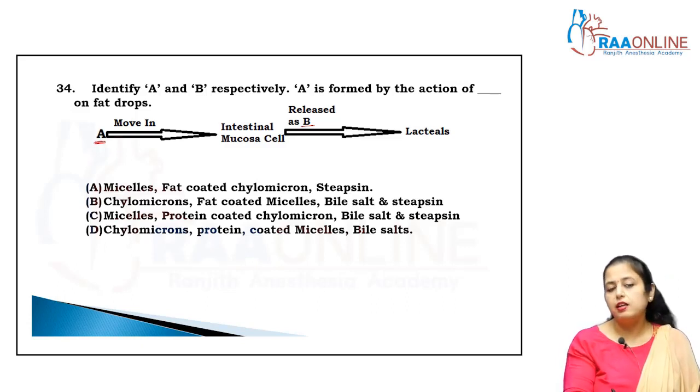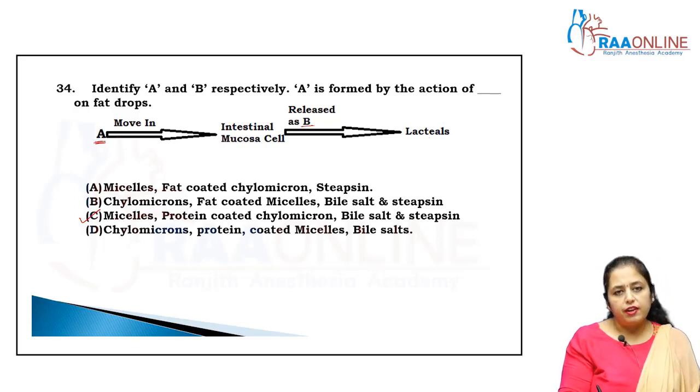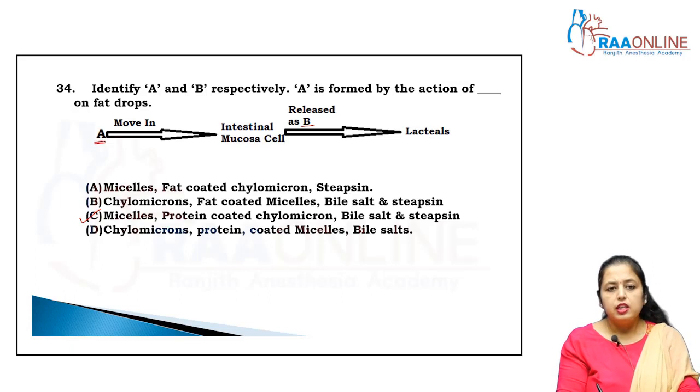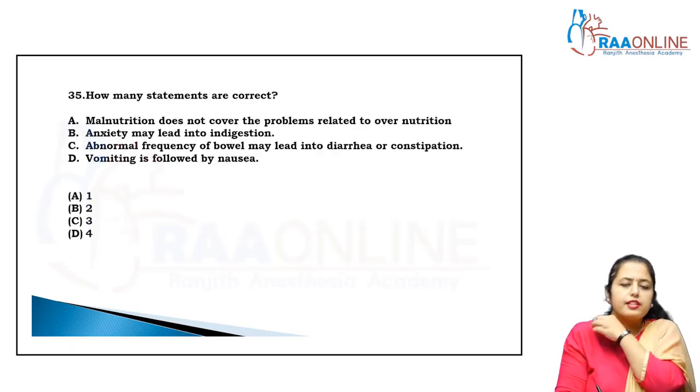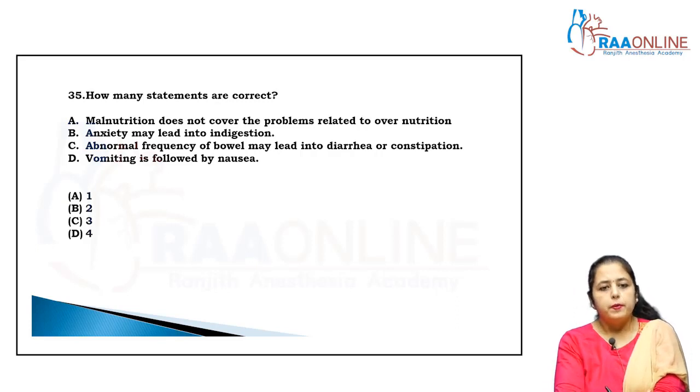This is the exact line of the NCERT. So the correct option is C, right? Some triglycerides coated with protein, this is called the chylomicron. Clear?